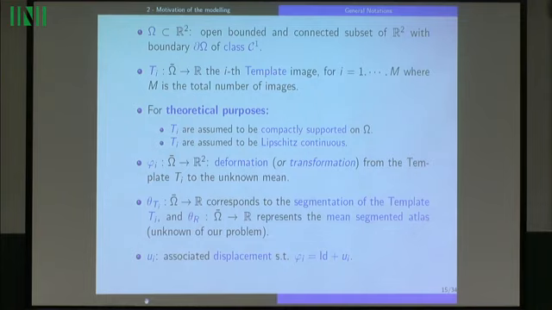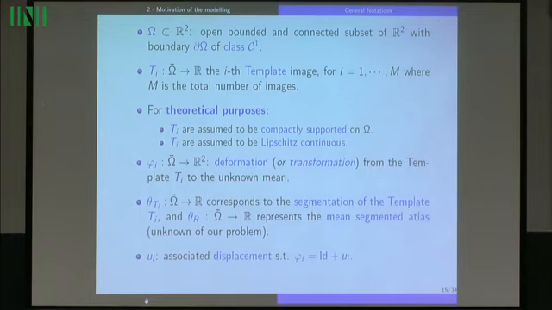And for theoretical purposes, each Ti is assumed to be compactly supported on omega, so that Ti composed with phi i is always well defined. And Ti are also assumed to be Lipschitz continuous, so that the chain rule for the composition can be applied.